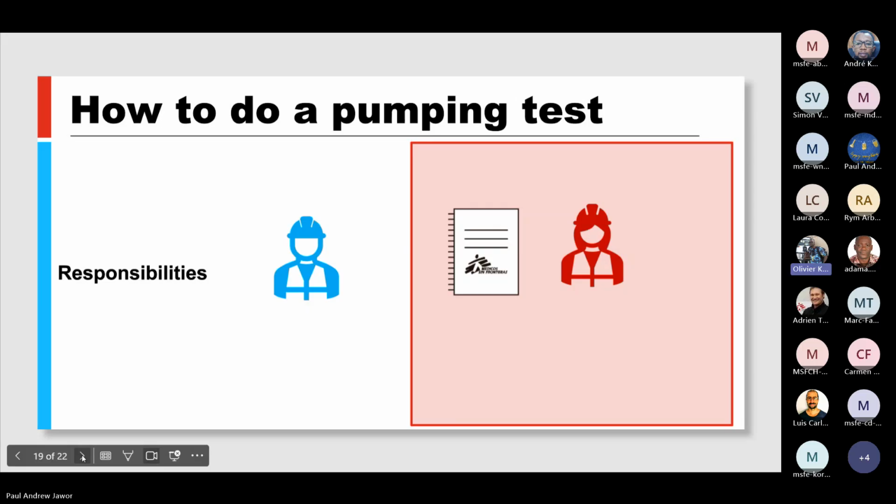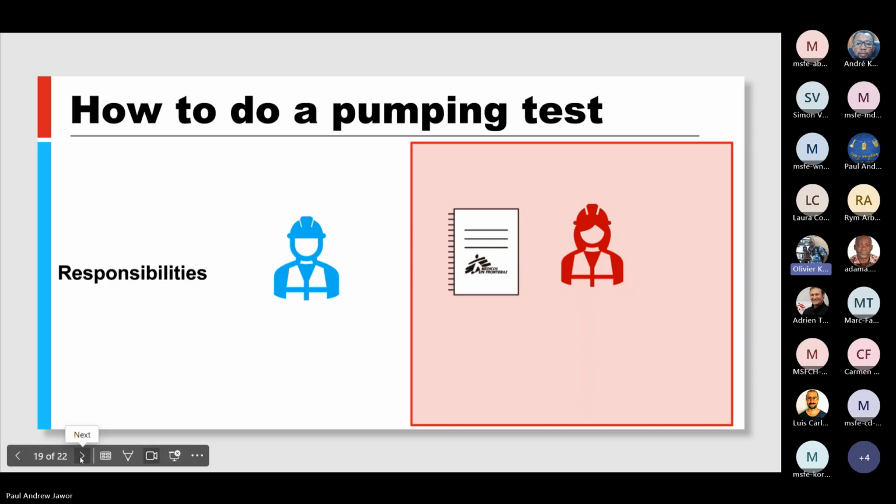In the pump test, we have 2 main levels of responsibility. We have the responsibilities of the driller, or the person who drilled the borehole. When I say the driller, I'm talking about the person who is running the pump test. It could be someone else, and it could as well be MSF.